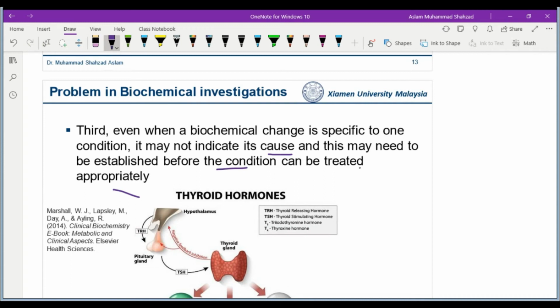Like I discussed, if we identify that there is a low albumin level in the blood and high proteinuria, or if we identify an increase of troponin, and that troponin level is high inside the blood, then these conditions could result from multiple other diseases, and it is not possible to determine the exact etiology of a disease.